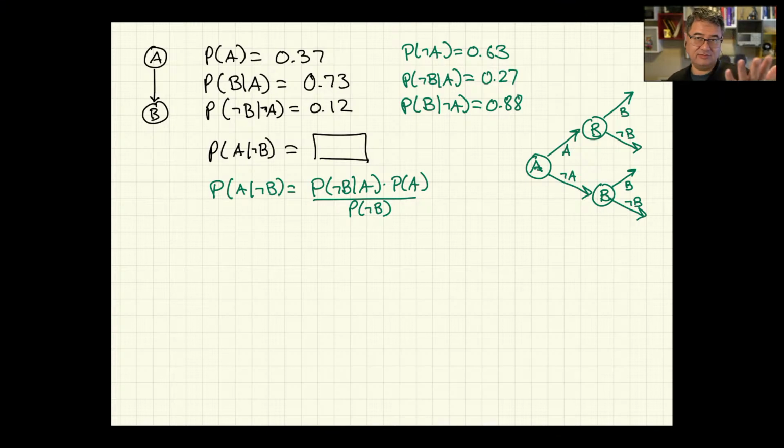You know, this is how I ended up memorizing Bayes' rule myself. I look at what we're trying to calculate. First thing I do is I just flip the order. So this is A given not B. The first probability is going to be not B given A. So I just reverse those. And then the probability that goes over here on the right-hand side is just the same as the variable on the given side of the previous probability.